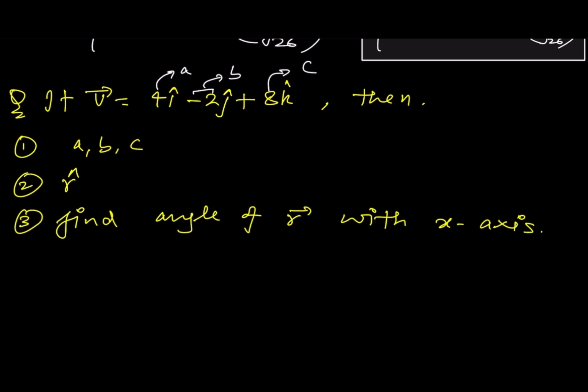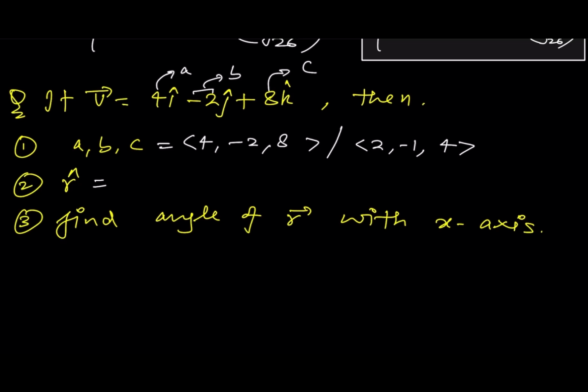So the coefficients of i, j, k are nothing but a, b, c. So this can be 4, minus 2, 8, or this can be 2, minus 1, 4. Okay, both are correct, or more than 2 can be written, right?